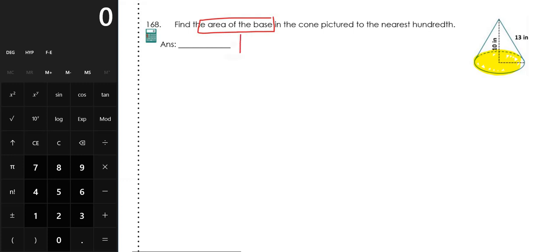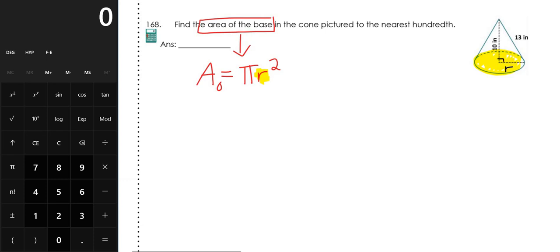So your goal right now is to use the area formula of a circle, which is pi r squared. Now, the only thing that you need is the radius, and then you'll have the area of the circle. Take a look at your diagram. The radius is missing, but what you should notice is we have a little right triangle in here.